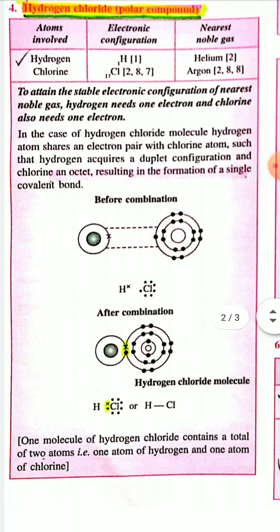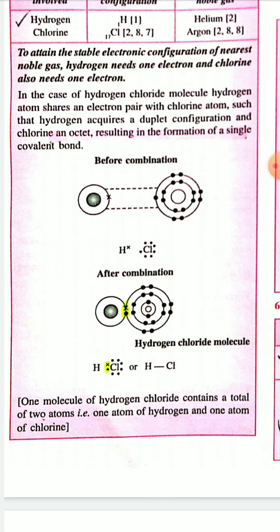The orbital structure of HCl, the hydrogen chloride molecule, is given here. In the orbital structure of HCl, the electron of hydrogen is shown by a cross, and the electrons of the chlorine atom are shown by dots.